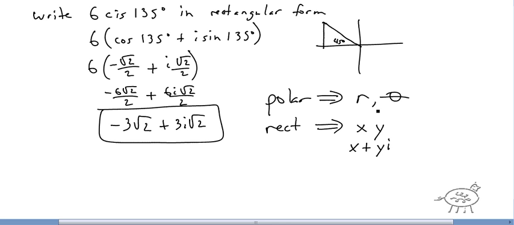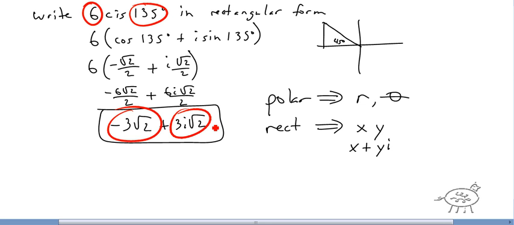You're not actually seeing the r and the theta or the x and the y, but like the original problem, 6 is your r, there's your angle, there's theta. Once we get all the way to rectangular, here's your x value and here's your y value. Okay, so that's the conversion between the two.